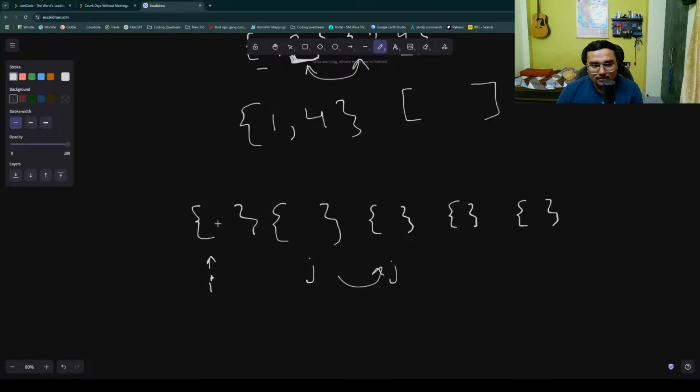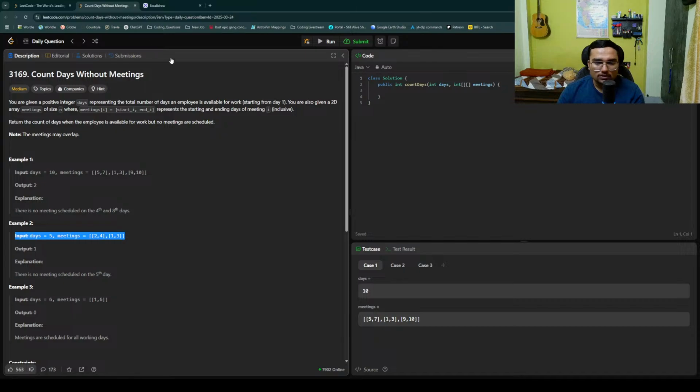Basically, I edit the current one. When they are not overlapping, I will deduct that number of days, and then I'll move i to j, and j plus 1. That's the approach. So it's kind of a two-pointer thing. Let's see if it works.